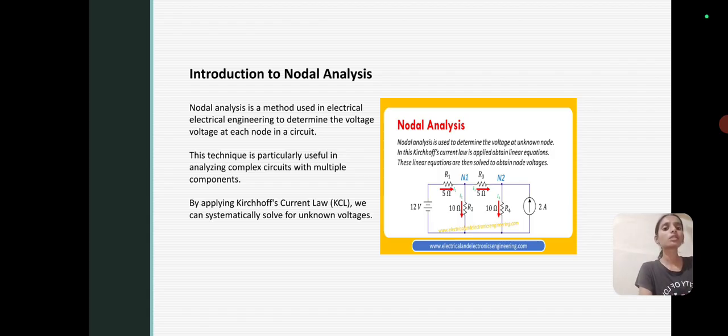Nodal analysis is based on Kirchhoff's current law, whereas mesh analysis is based on Kirchhoff's voltage law. In mesh analysis, we find the unknown current. In nodal analysis, we find the unknown voltage across the circuit.